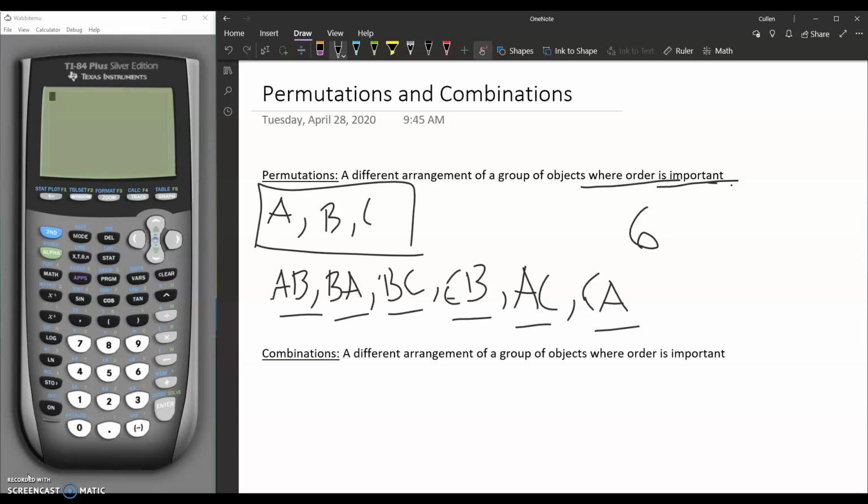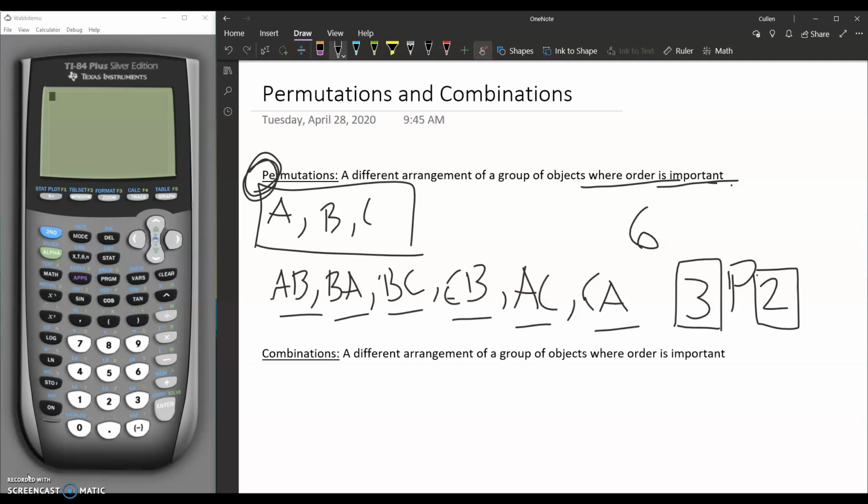This is a permutation, so the abbreviation would be 3, the total, and then P since it's a permutation. The first number is your total, the middle is permutation or combination, and the second number is the number per group. We had 3 total letters, A, B, and C, and we're arranging them into groups of 2, or pairs.